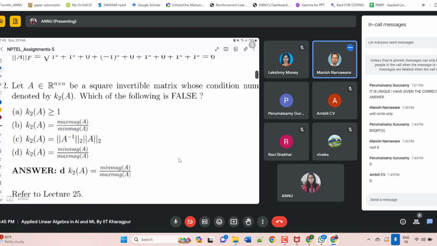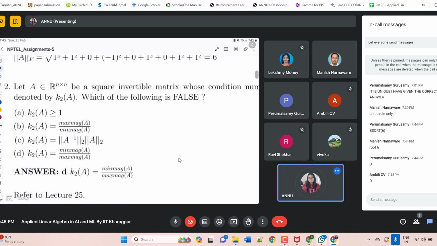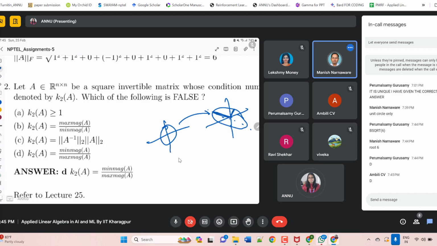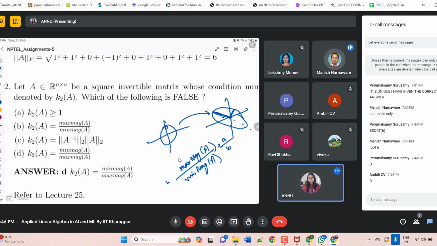Sure. In that previous example, we saw this circle was transforming to an ellipse, right? In that ellipse, we saw that the maximum magnitude was there and the minimum magnitude was there. So maximum by minimum, that is a by b, is given by max magnitude of A divided by min magnitude of A. This is actually the value of the condition number.